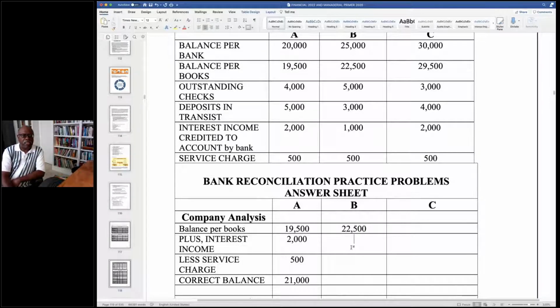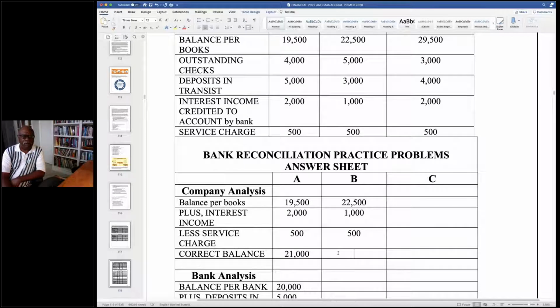And on the next line, the interest income, how much is that? 1,000. And the service charge, minus 500. We have to subtract the 500. So what's our balance going to be? 23,000.